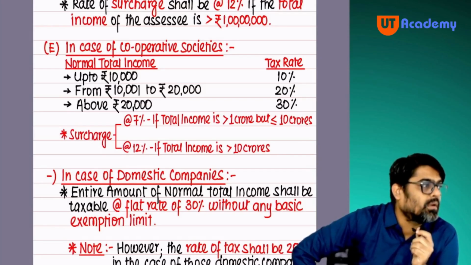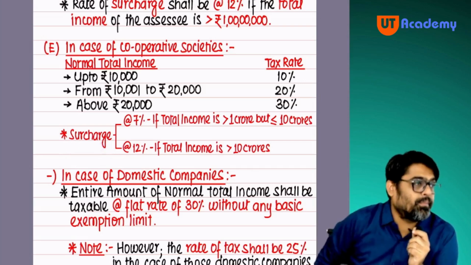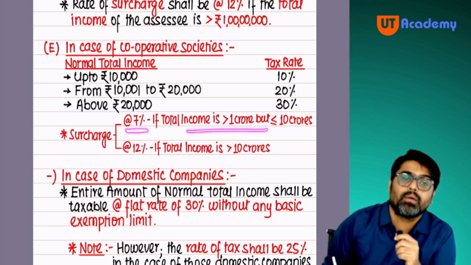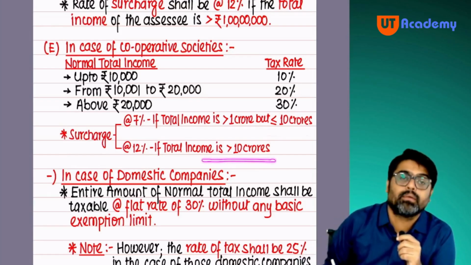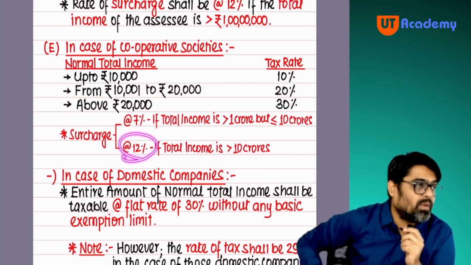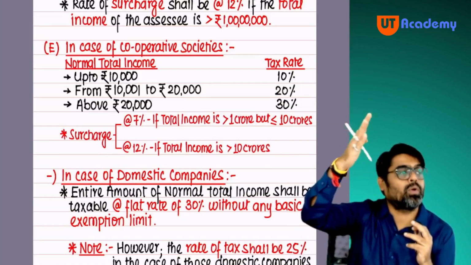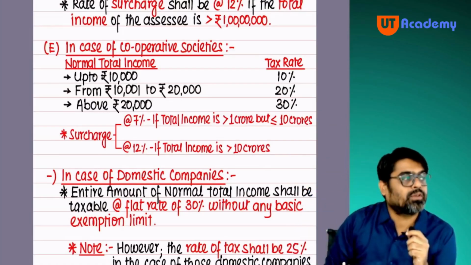Now, the rate of surcharge for them will be 7% if the total income is more than 1 crore but up to 10 crore. If the total income is more than 10 crore, then the surcharge rate becomes 12%.